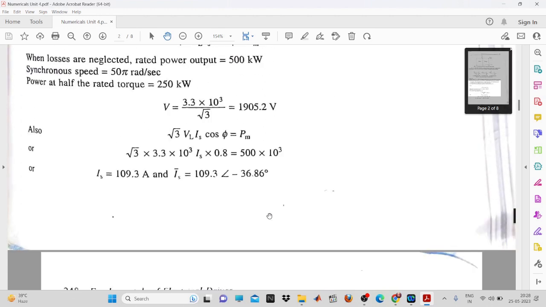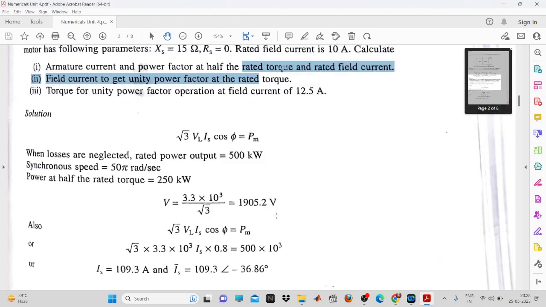Now, what is asked is the armature current and power factor at half the rated torque and rated field current. You can see here that the field current is not changed. I told you that the rotor has the field winding, and you have to apply the excitation.